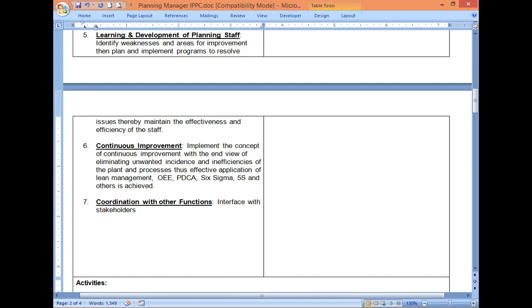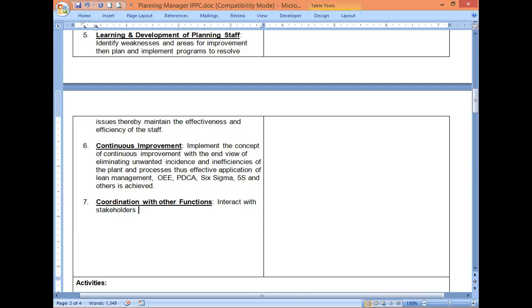Okay, I think I would change this to interaction with stakeholders. Interface is like used for electronic or electrical systems.